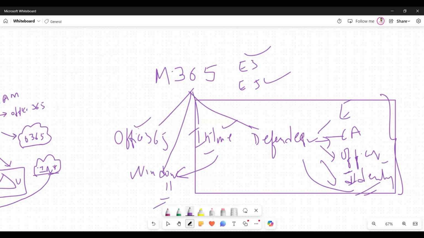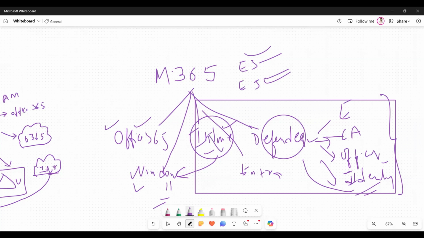So now you understand: you have an Office license, a Windows operating system license, a license with Entra ID, a device management tool like Intune, and a security tool like Defender. All that with a single E3 or E5 license, which most enterprises and big companies purchase. And not all of those products are actually being used by the organization.